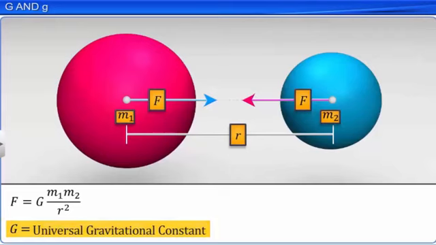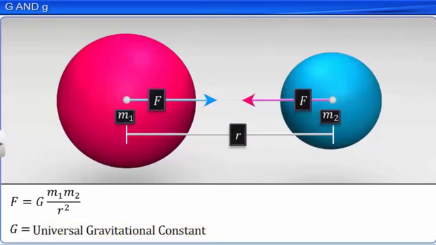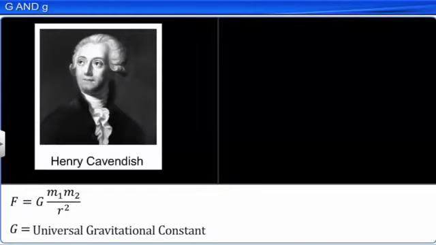In the expression, G is referred to as universal constant, as its value is constant in any place in the universe. The value of G was experimentally found by Henry Cavendish during his effort to find the density of the Earth.